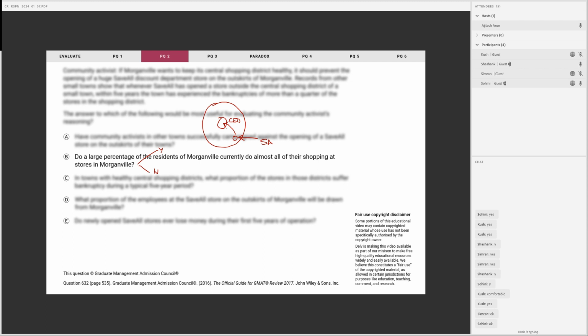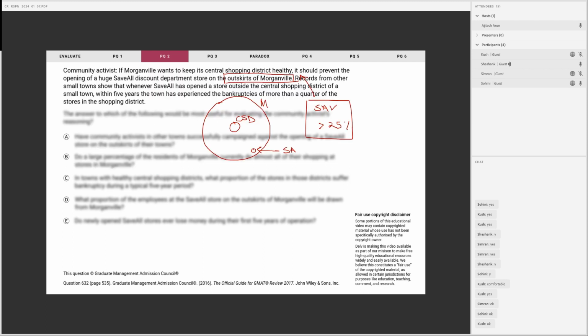I had one question, Ajitesh, regarding this, and I think that ties back to the stimulus itself, right? So the way I saw this was the activist is saying that let's just call this prevent the opening of the store on the outskirts as X, right? So the community activist is basically saying that X should not happen, but he's giving Y as the evidence because I noticed a difference here, right?